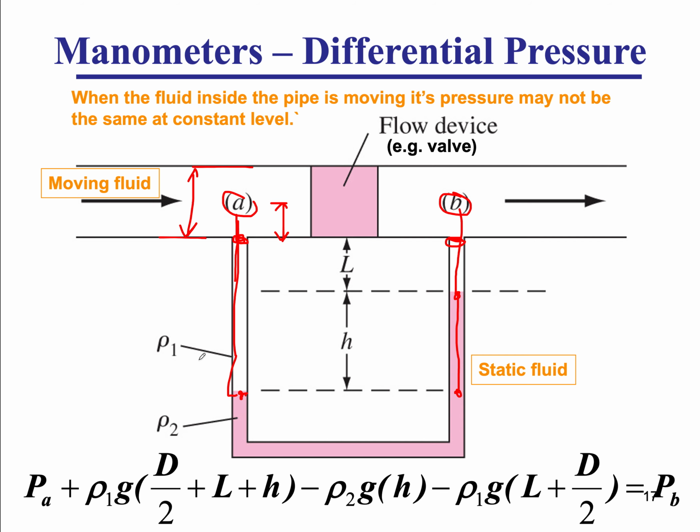So delta P is equal to delta rho times g times H.